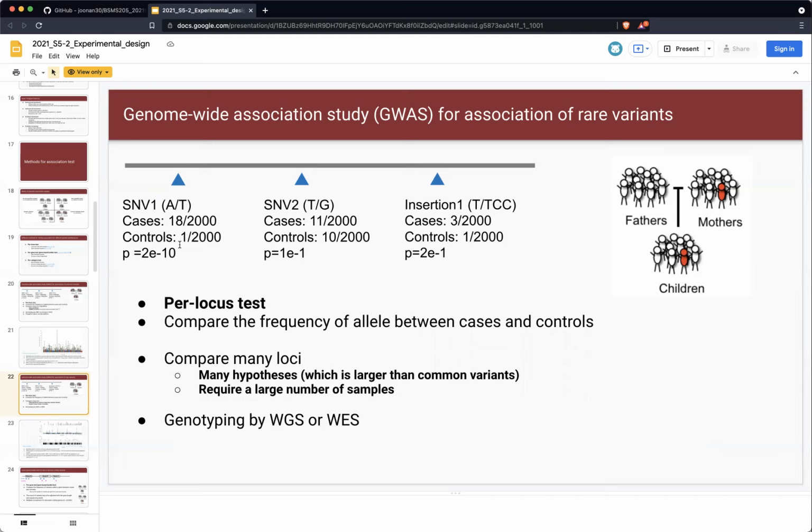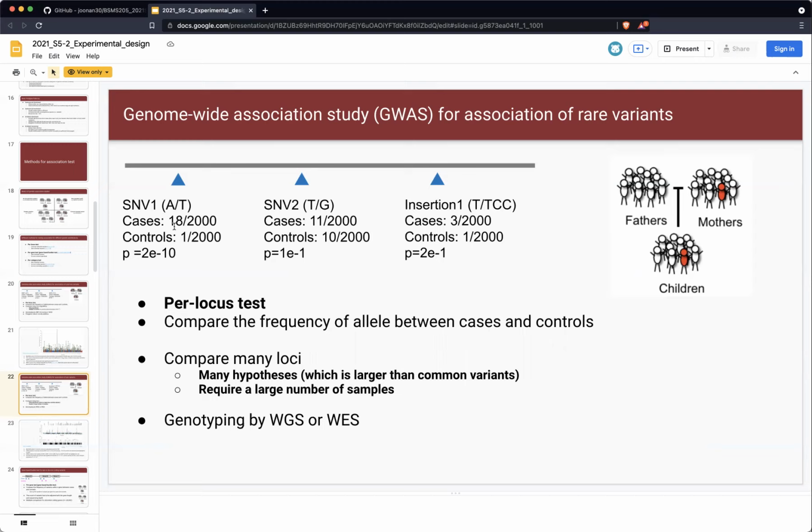But the problem is that a rare variant rarely exists in a population compared to common variants. So you have less chance of having the same locus in cases and controls, so you're dealing with lower numbers compared to common variants. Another point is that you have to compare a much larger number of loci. Think about the research from the 1000 Genomes Project or the HapMap project.